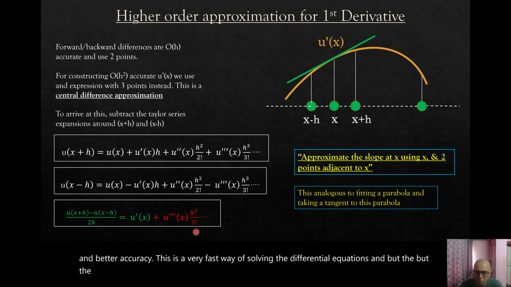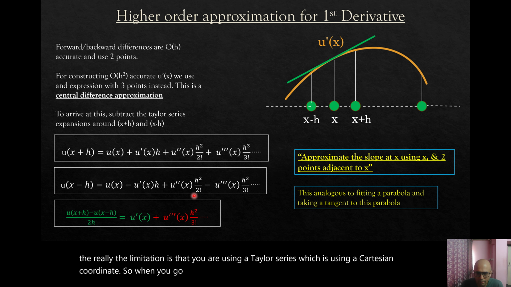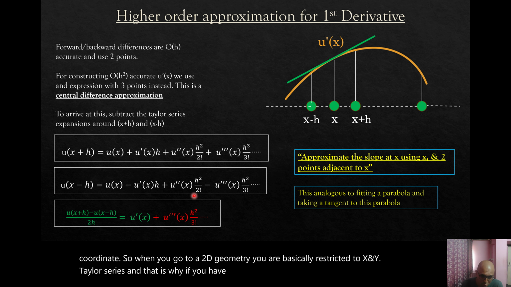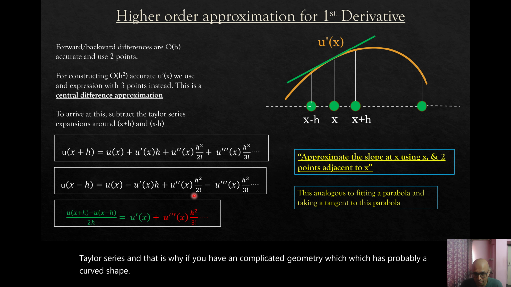Really the limitation is that you are using a Taylor series which is using a Cartesian coordinate. So when you go to a 2D geometry, you are basically restricted to x and y Taylor series, and that is why if you have a complicated geometry which has probably a curved shape, it's very difficult to do this.